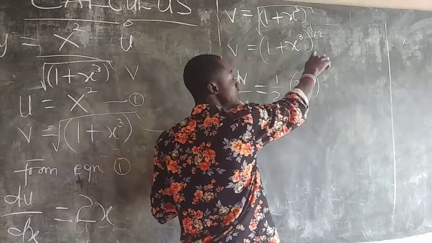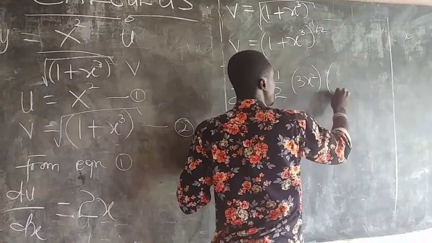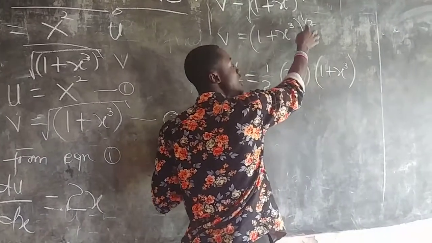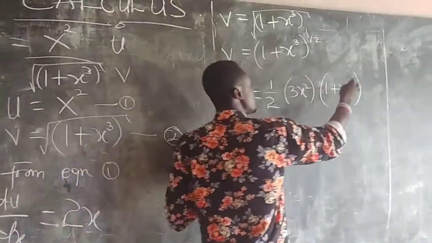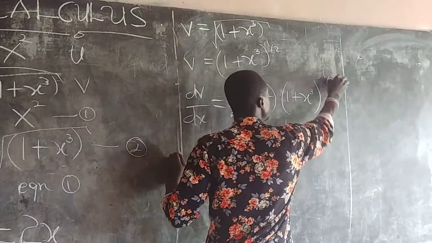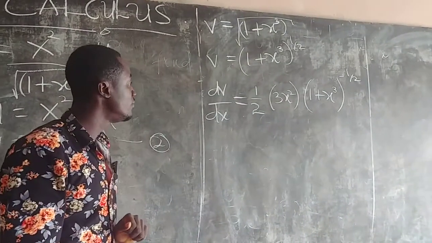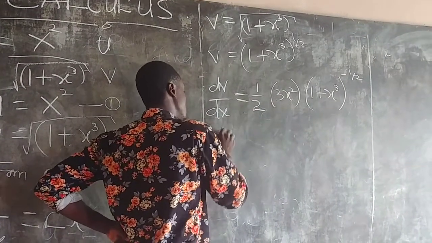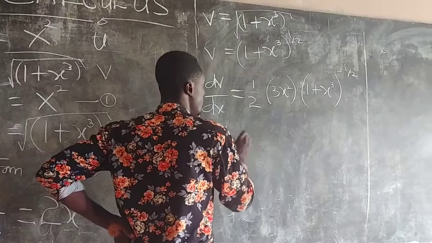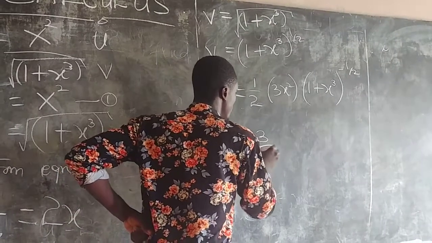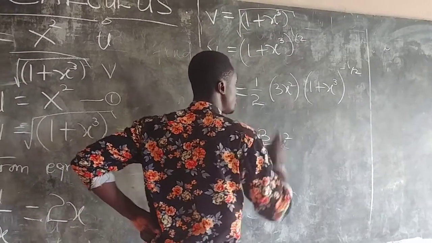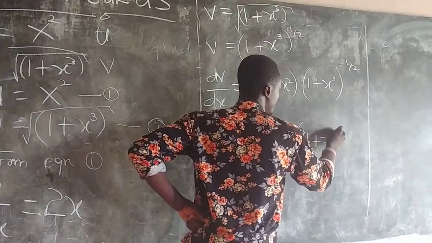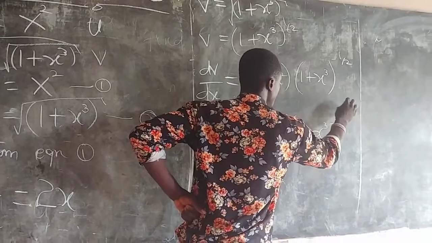Then you write the terms inside the bracket, 1 plus x cubed, then you reduce the exponent by 1, so you get negative 1 over 2. Let's continue. 1 over 2 times 3x squared. So dv/dx will be equal to 3 over 2 x squared times 1 plus x cubed exponent negative 1 over 2.